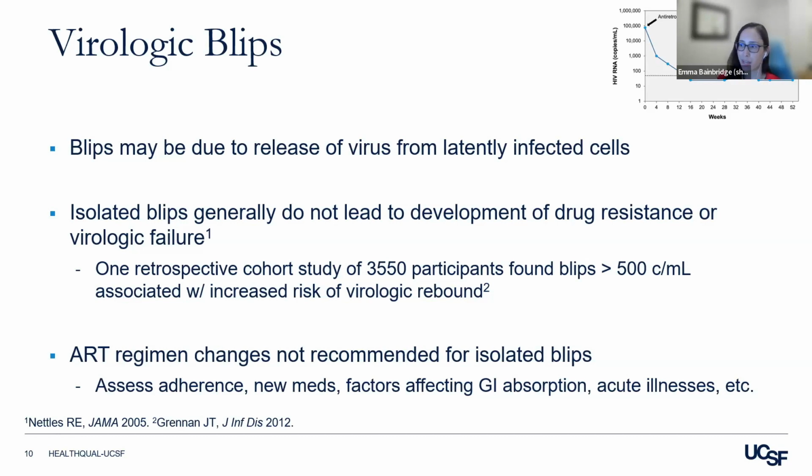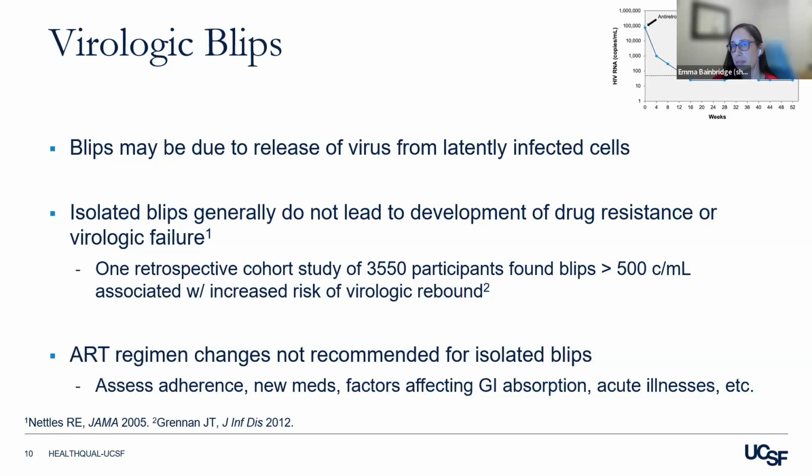That said, 500 copies, I think, is a very different sort of clinical scenario than someone who has a viral load that's 100. I think in that scenario, I'm more concerned about something like inadherence or another reason that they have subtherapeutic drug levels.